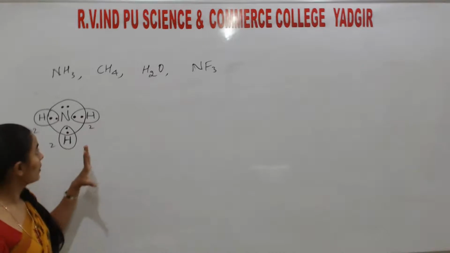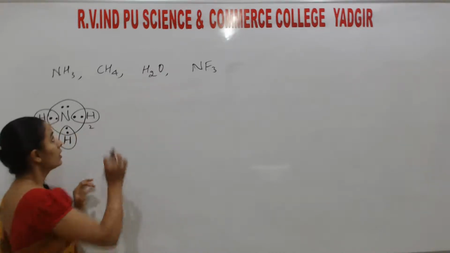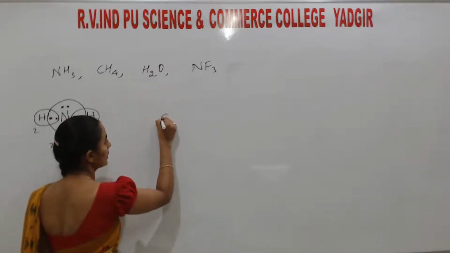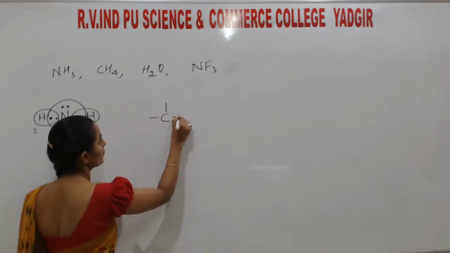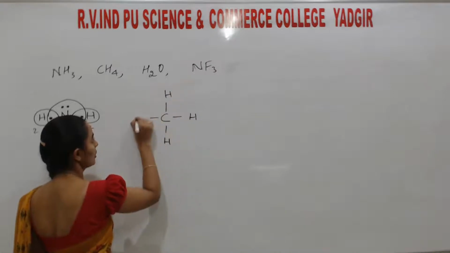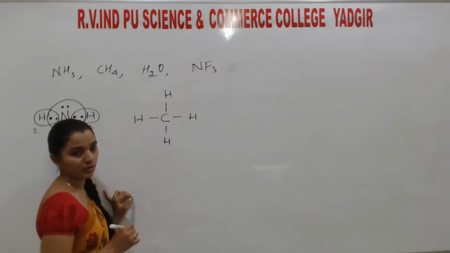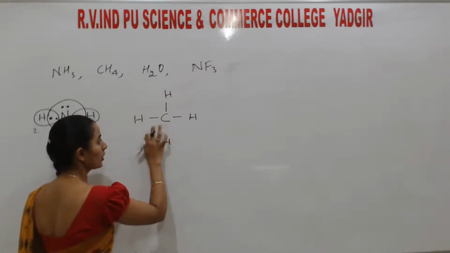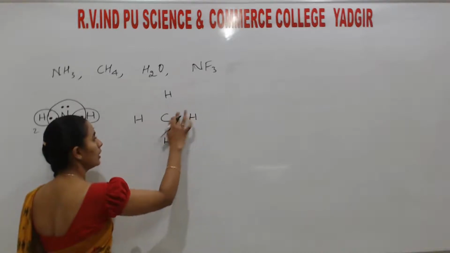So practice writing like this. Next is carbon. For carbon there are 4 bonds, like this. And I know you can easily write this type of structure. So you need to remove the bonds.